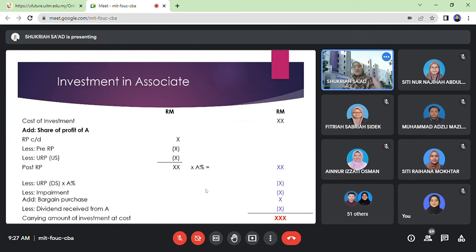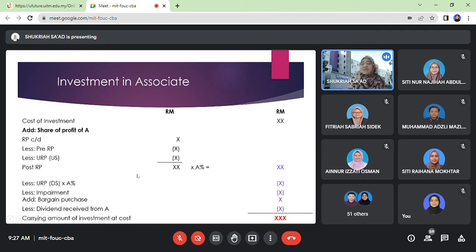All right, so can you see here? We have 2 unrealized profits. Remember, this is upstream. Upstream means the associate is the seller. The associate sold goods to the holding company or to the parent. So debit retained profit associate, credit investment in associate. So it is deducted. The same goes for downstream, where the parent is the seller.